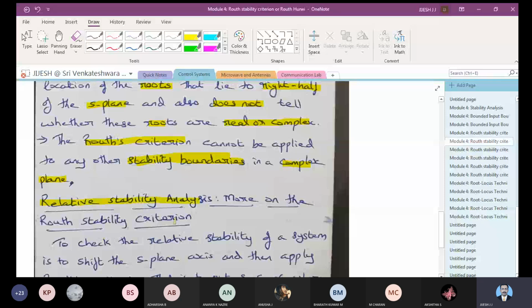To check the relative stability of the system is to shift the S plane axis and then apply the roots criterion.